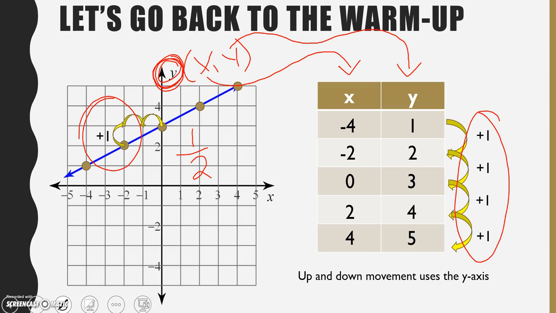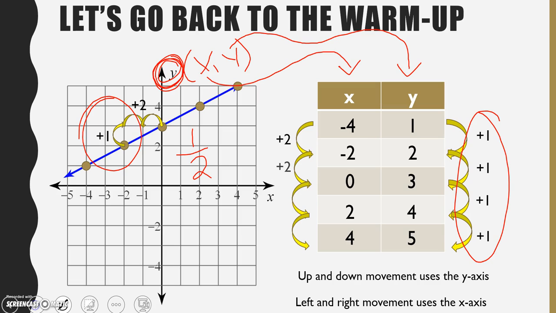So our x values is the run or over, all right? And on the graph, we are adding 2. So let's take a look at our x values in the table. When we look, we're going from -4 to -2, 0 to 2, and then 2 to 4. And you know that in order to get from one of those to the other one, we are adding 2. So again, the run is the same as the change in the x values.